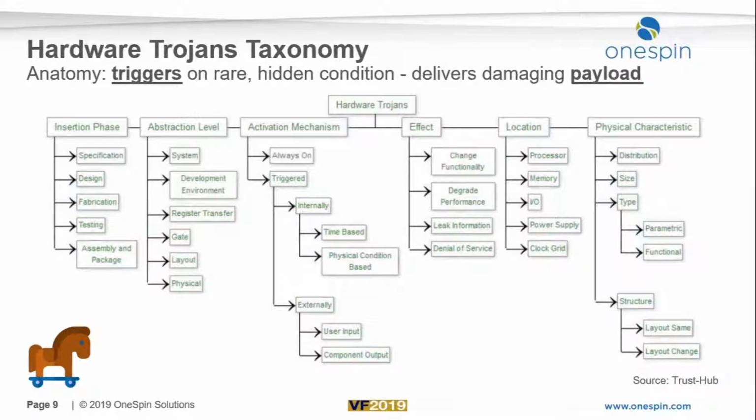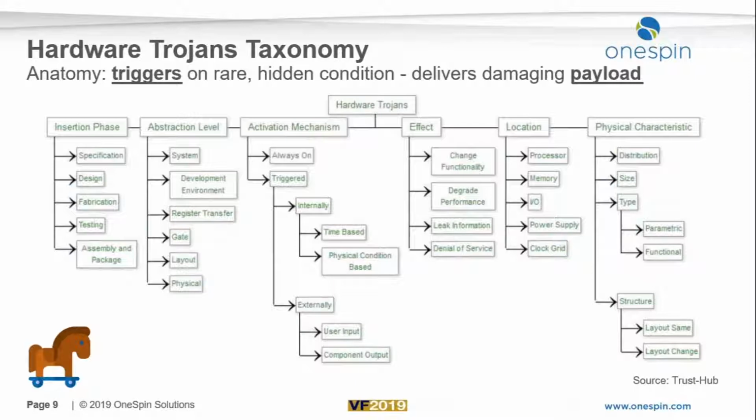Leaking information, degradation of performance, where it is located, and physical characteristics. This is, I think, a first attempt to agree on certain names and characteristics. And again, this is taken from Trust Hub.